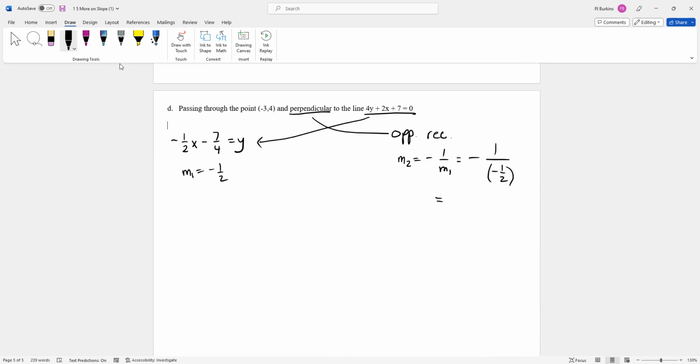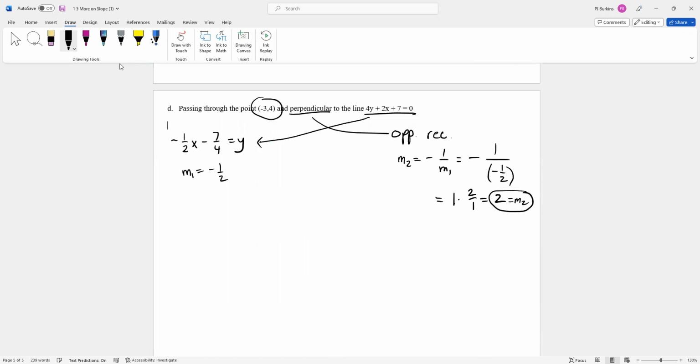Negative and negative makes it positive. And dividing by a fraction, remember I can flip and multiply. And I just get 2. Okay. So my opposite reciprocal is now 2, which means I have the slope of my line.